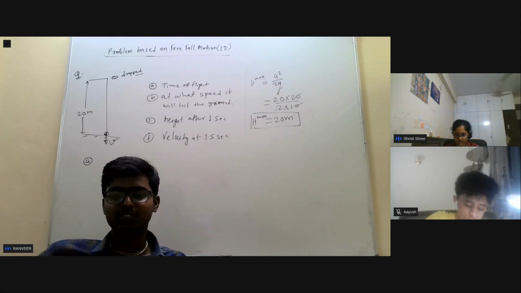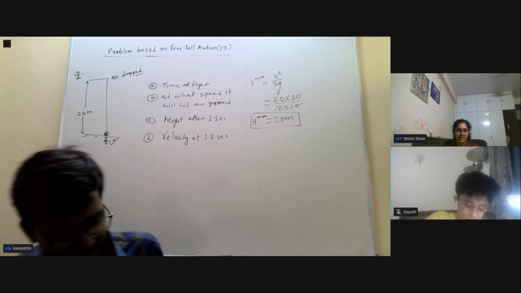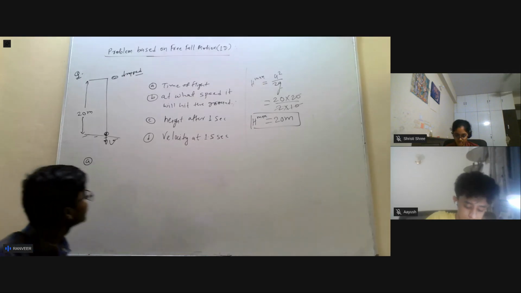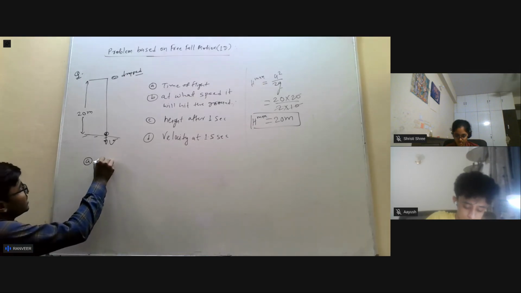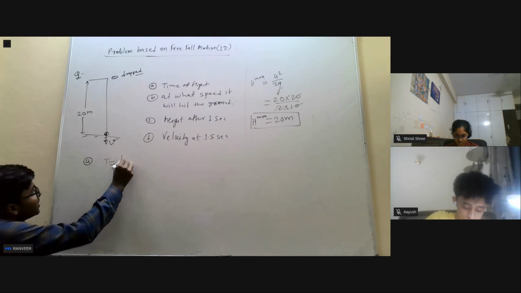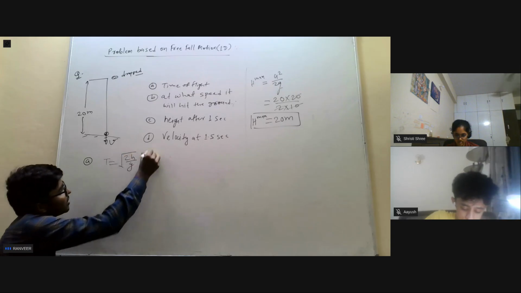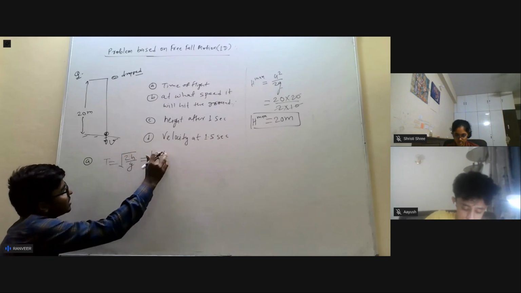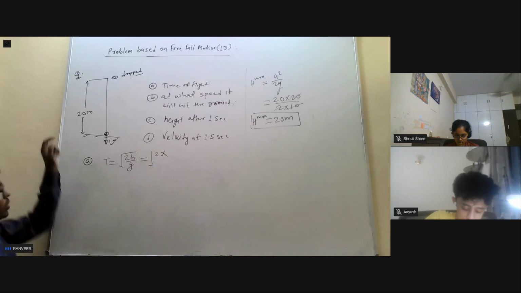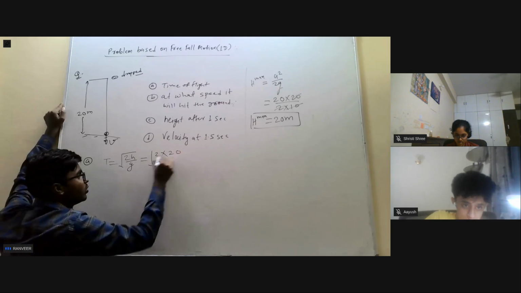Root 2h by g. So the time of flight will be root 2h by g. What is h here? 20 meters. What is g here?